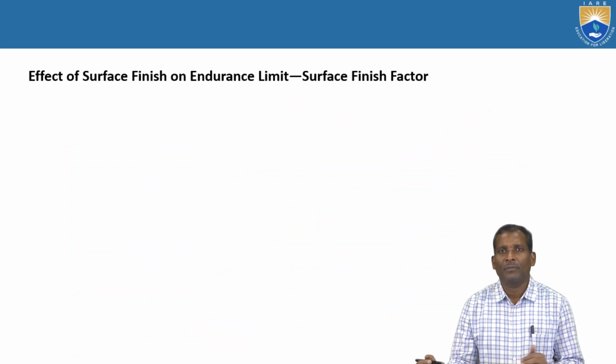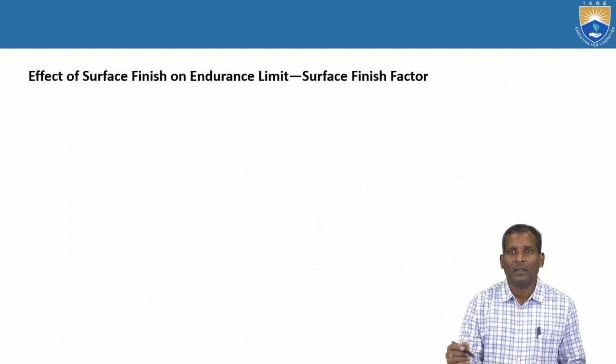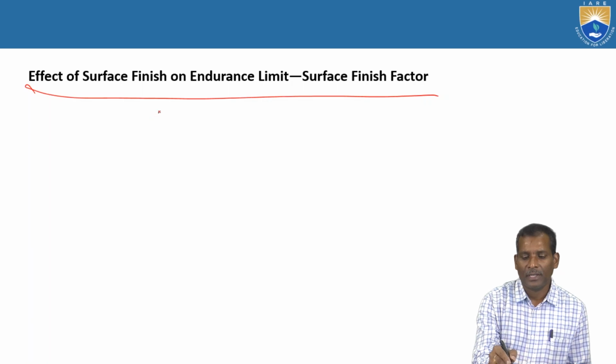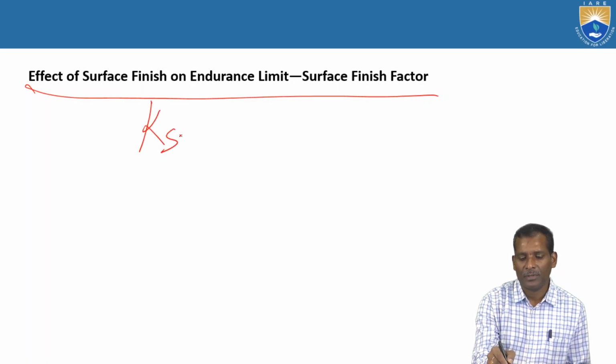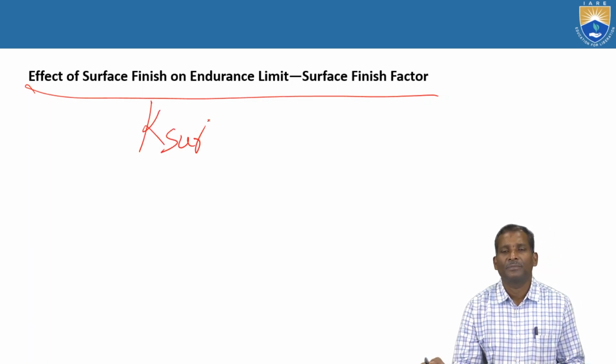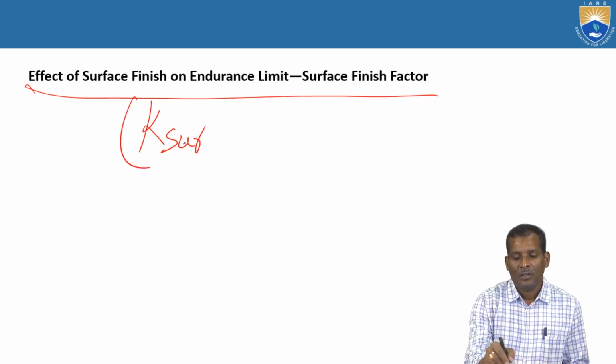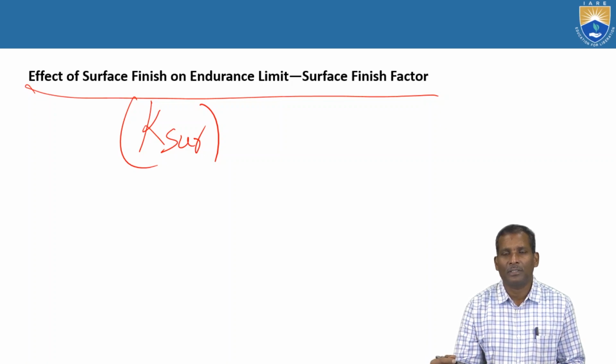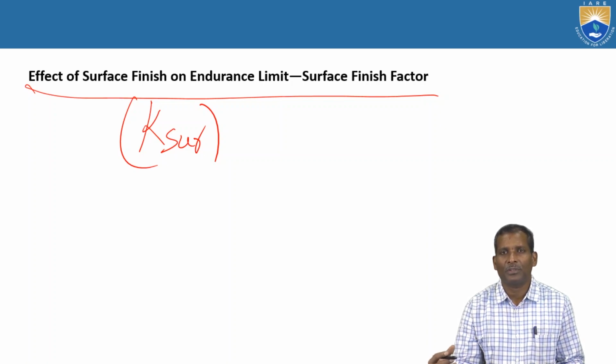Now, the effect of surface finish on endurance limit. That factor is called the surface finish factor, K surf. The endurance limit depends upon the surface of the object.